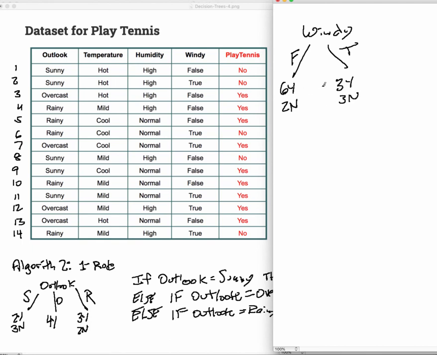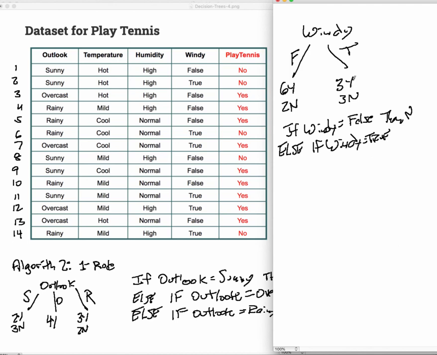That's 6, 7, 8, that's 14. So it looks like over here we would say if windy equals false, then no, else if windy equals true.